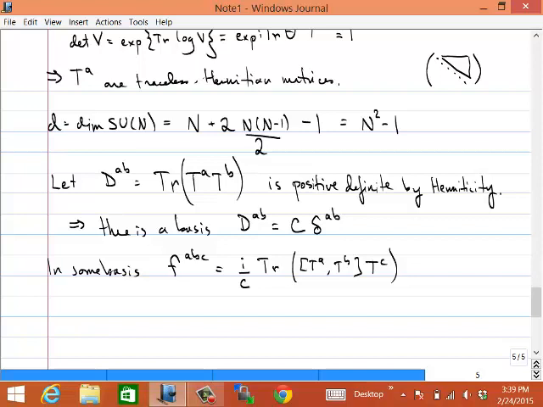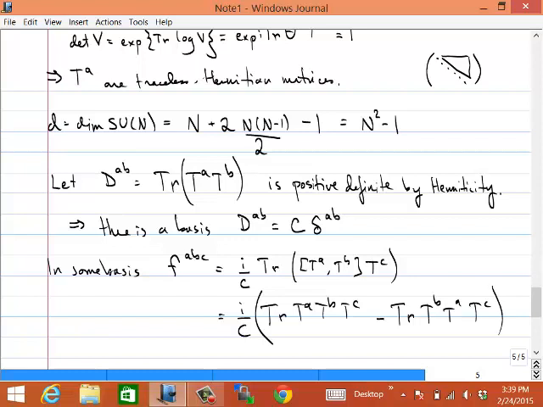So that means that f^ABC is just proportional to this guy here. Or if you want to write this out a little bit more explicitly, i over C times trace of T^A T^B T^C minus trace of T^B T^A T^C.